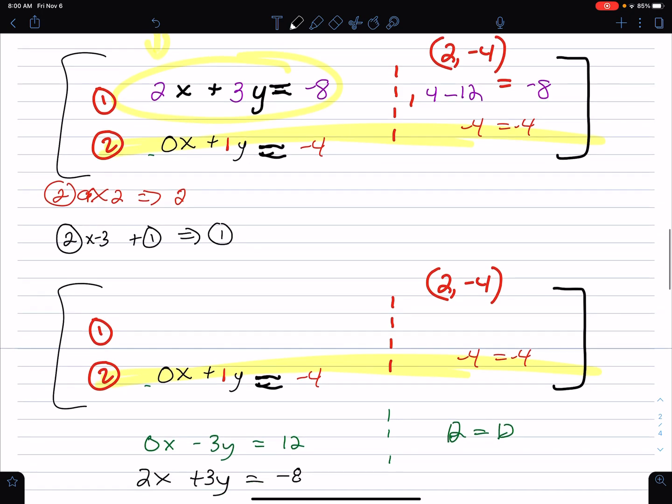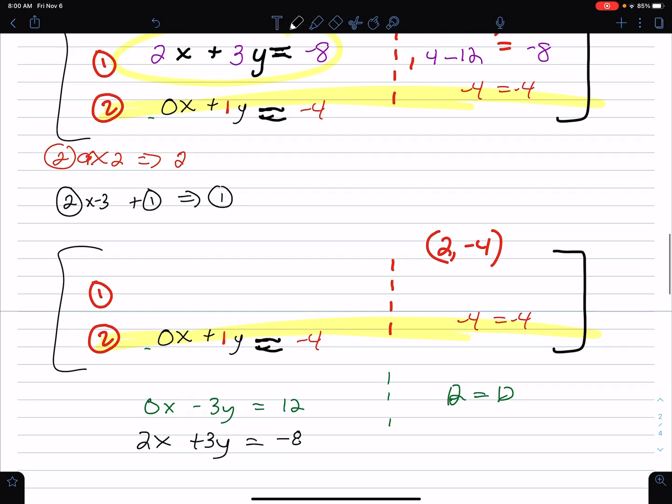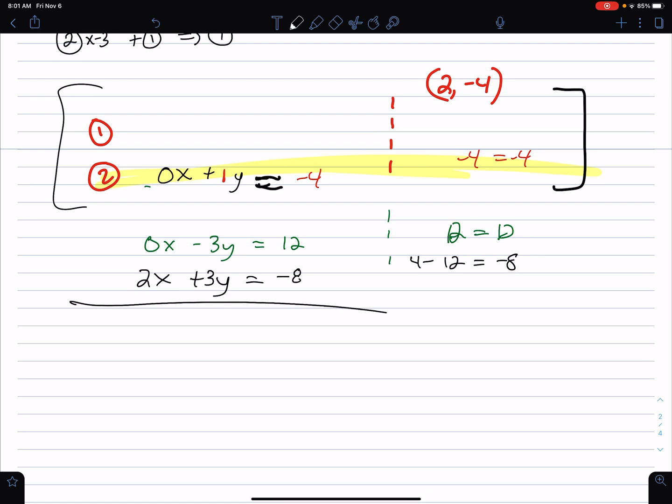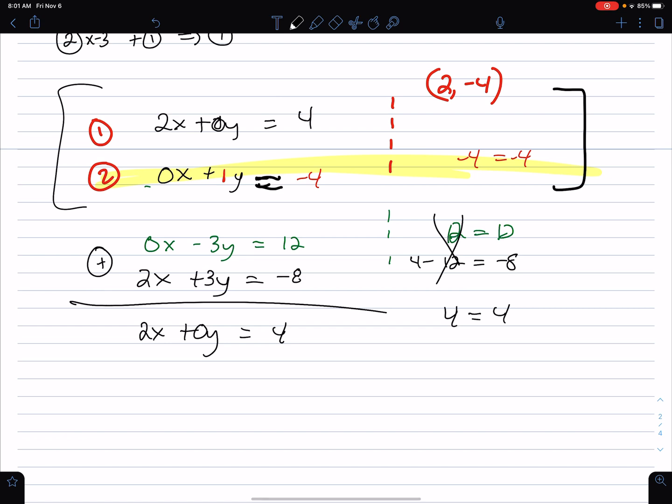The original first fact over on top was 4 minus 12 is equal to -8. Now, this new first fact is still true, so I said I was going to add them together. So I have 2x, no y's, should equal 4. And over here, see how the 12s would cancel? And then 12 minus 8 is 4. So that's definitely a true fact now: 2x plus 0y is equal to 4. And over here, we do have that 4 is equal to 4.